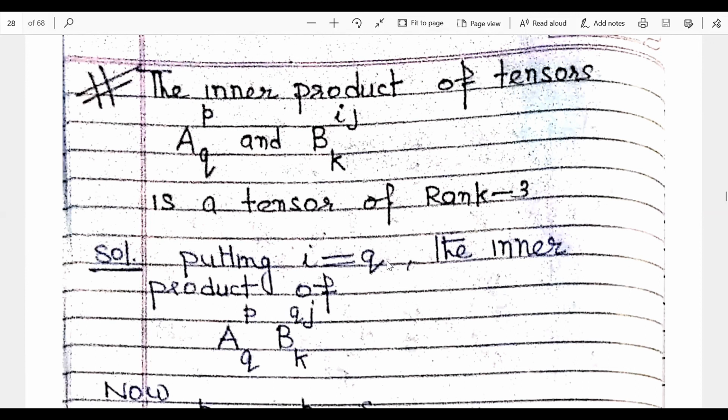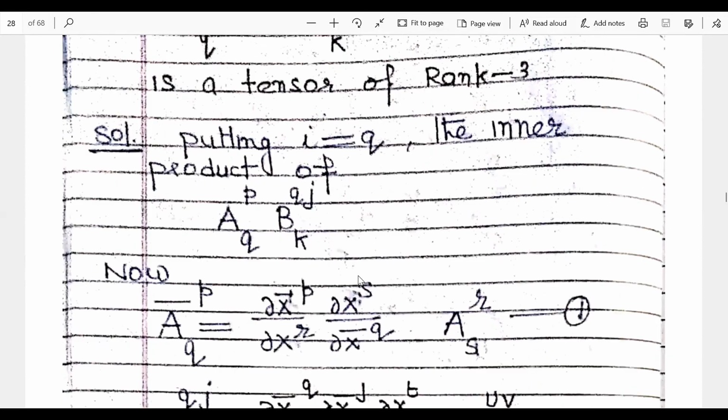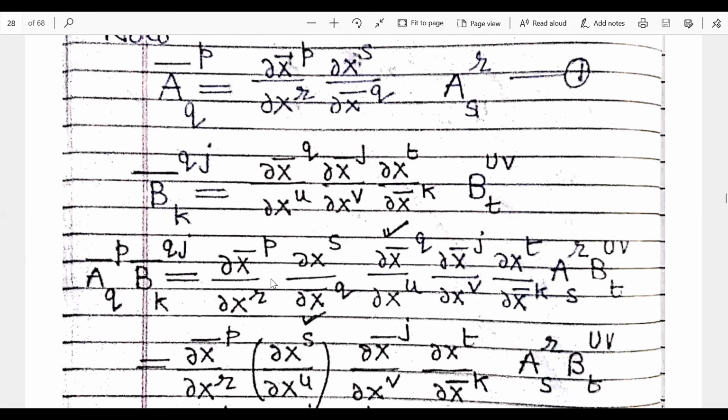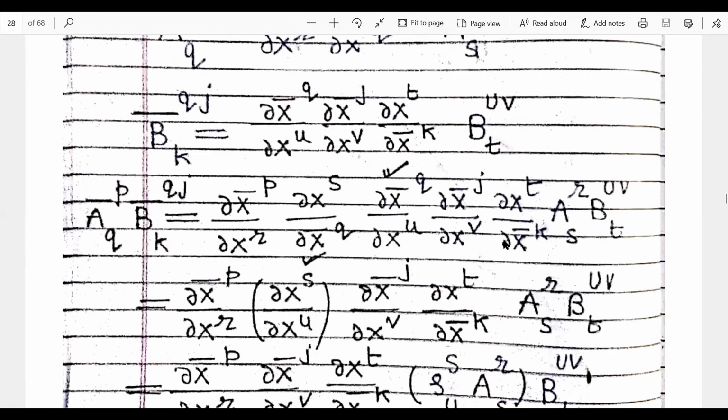So for the inner product, first write A bar^{pq}, then write this A^{ij}_k, where i is taken as q, so B^q_{jk}. This is the equation. Now multiply.